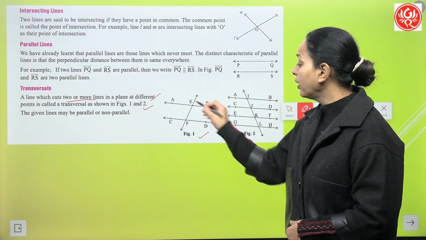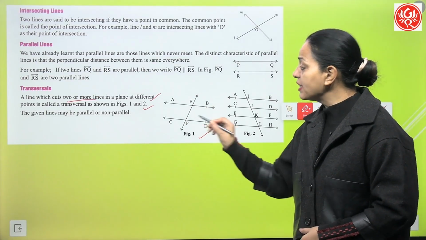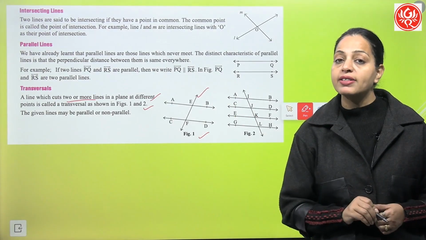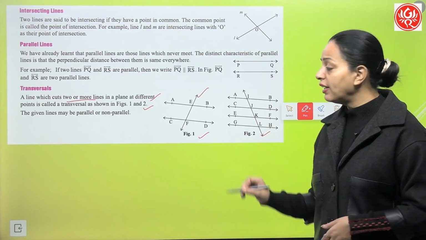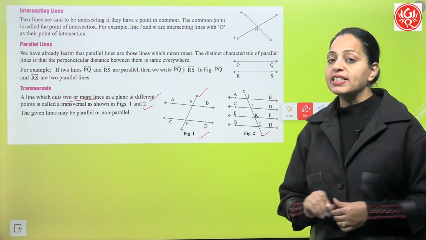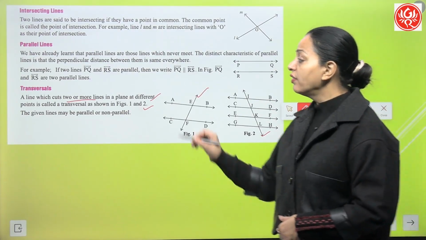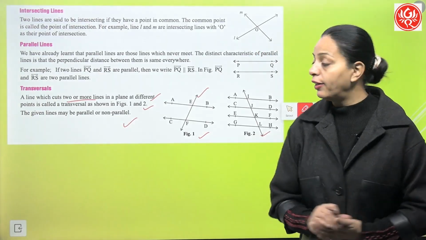See figure 1 here, AB and CD are parallel lines and one line EF is intersecting them. So this EF is the transversal. Here we are taking four lines, these are parallel and one line is intersecting them. So this is the transversal. The given lines may be parallel or non-parallel. Okay.